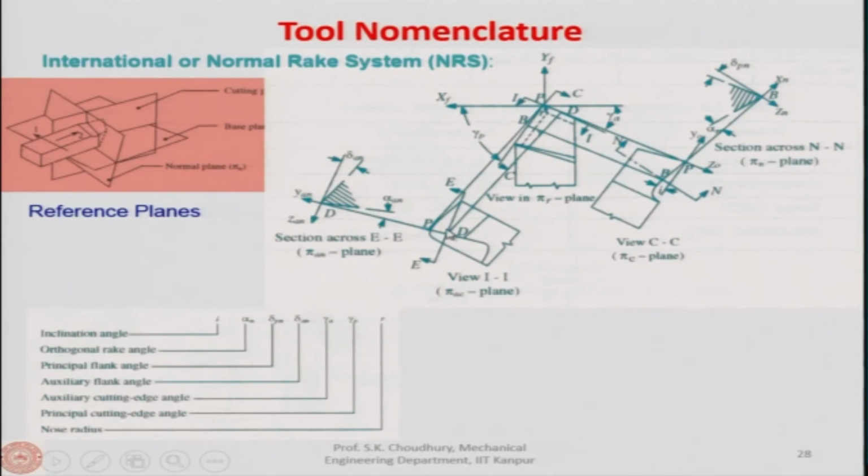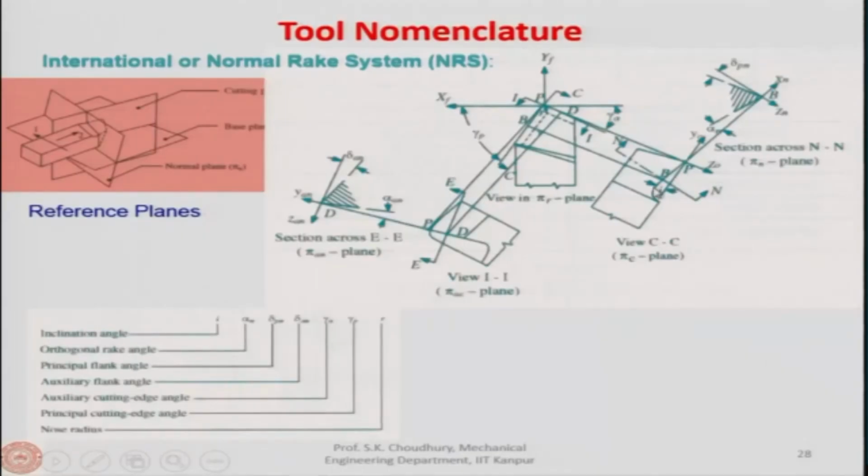You understand that the rake face will contain the cutting edge, right. The cutting edge will be at the end of the rake face, is it not. So, therefore, this is the cutting edge and this is the cutting edge here, as you see from the tool from here or from here perpendicular to this.